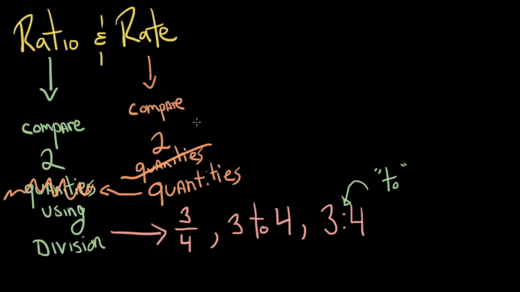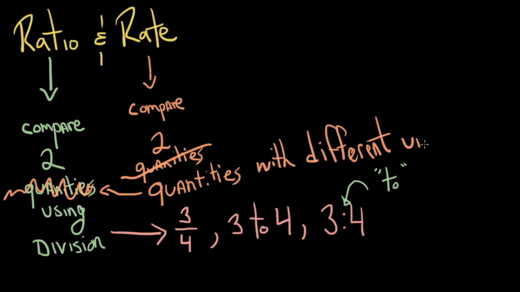So we're comparing two quantities, but this time they have different units. And that's the key for rates. The classic example that almost every math teacher uses is kilometers per hour.